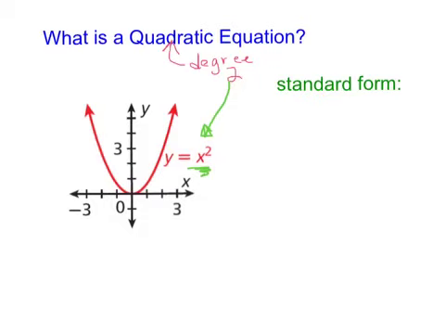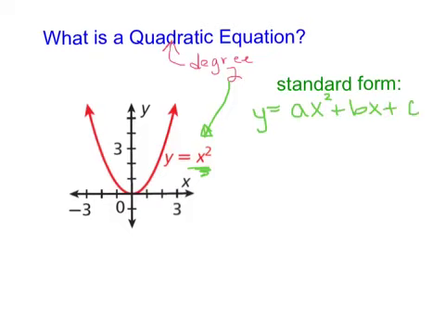As we look at this, we have what we call a standard form that all these quadratic equations hold. That standard form uses a variation of variables and some constants, and basically some input-output. Our standard form is y equals ax squared plus bx plus c.